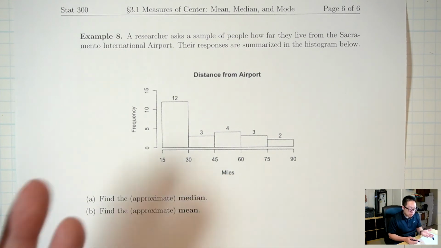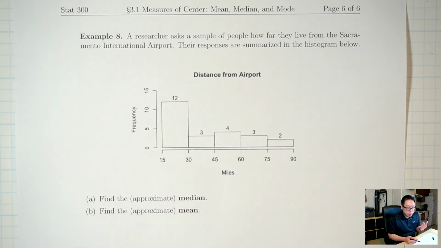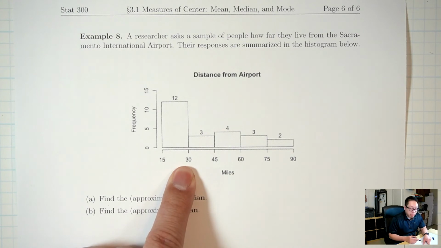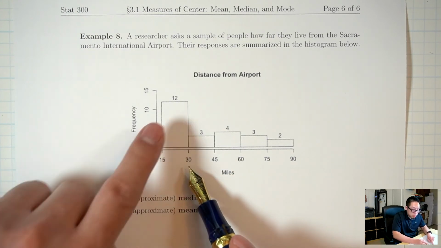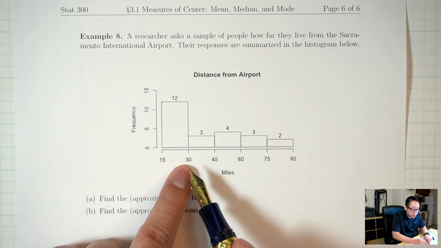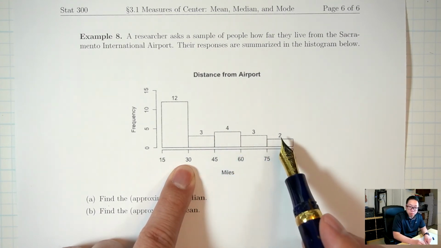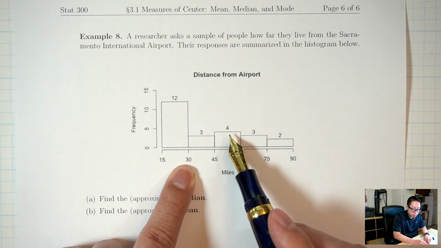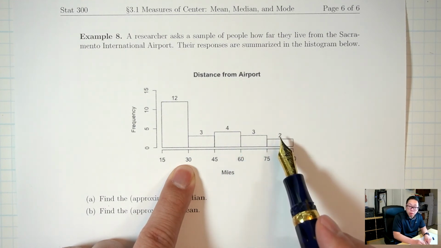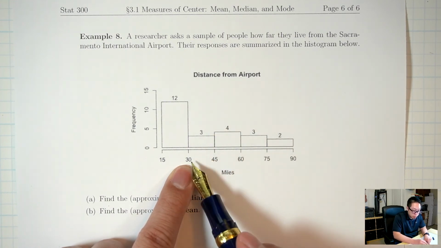And then from here, you just guess and check these numbers. Could it be 30? How many data values are below? 12. How many data values are above? Well, 3 plus 4 plus 3 plus 2. 3 plus 4 is 7, plus 3 is 10, plus 2 is 12. So there's 12 above, and there's 12 below.